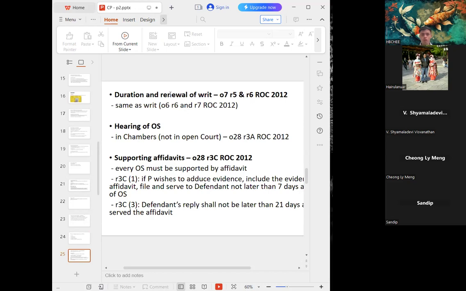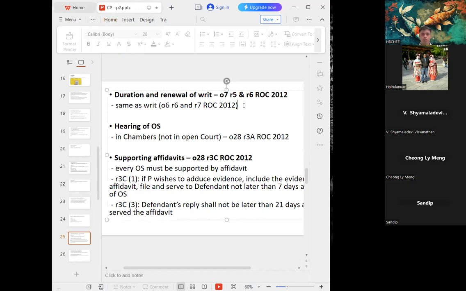So the duration and the renewal, you see, is the same as the writ. And the hearing of OS, sorry, here's a typo, I'm going to amend it later.